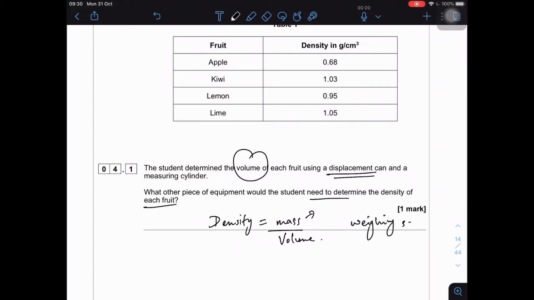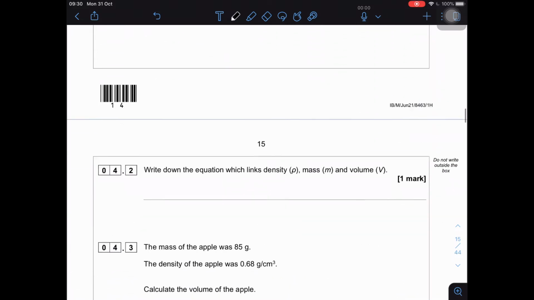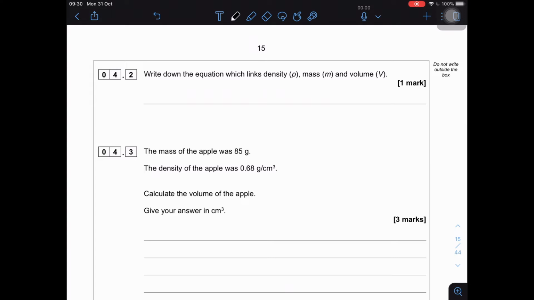You use a weighing scale or a balance. These are all acceptable answers. It's a 1 mark question, so any one of them. Write down the equation which links density, mass and volume. Again, as I mentioned before, density is mass divided by volume.